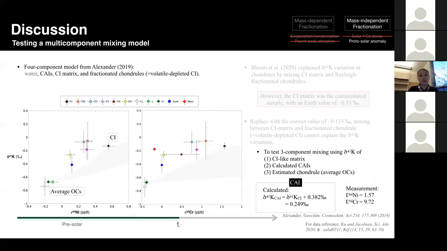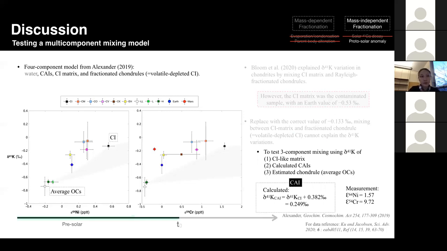In our recent paper, we also tested whether this mixing model works using the correct value and another value for the chondrule component. So we use a CI-like matrix, the CAI, and a chondrule component obtained from the average ordinary chondrites.